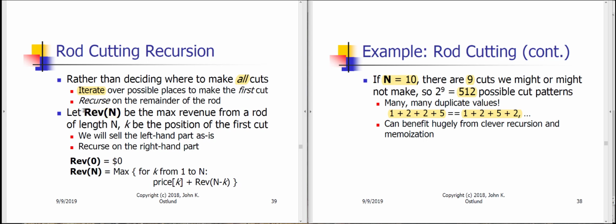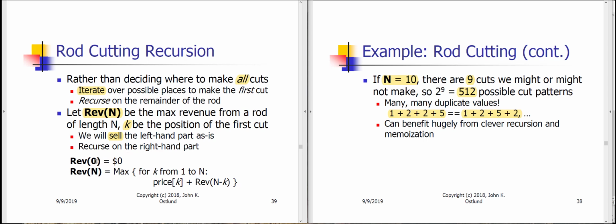All right, so we're going to return to the general case of having an N-foot long piece of rebar to work with. And within that N-foot length, we'll have K be the position where we're going to make our first cut. We'll just sell the left-hand part for the best price that we can get, and then we'll call a recursive algorithm to try to find the optimal way of cutting up the right-hand remaining part.